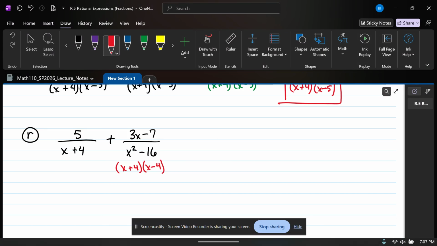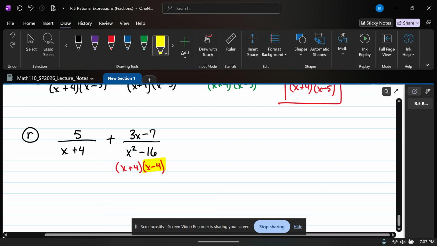All right, so now we look at the denominators and we see that the first fraction has an x plus 4, the second fraction has an x plus 4 and an x minus 4. So they share something. What's the first fraction missing that the second fraction has? It needs the x minus 4 to be the same.